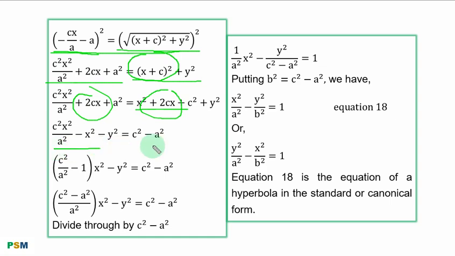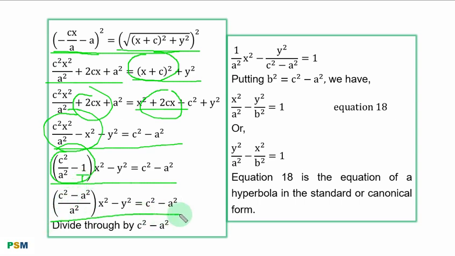You have this result. From here, you can factor out x square. You have it in this form. You simplify this term right here as over 1. You find the LCM, that is a square. You simplify, you have this result.